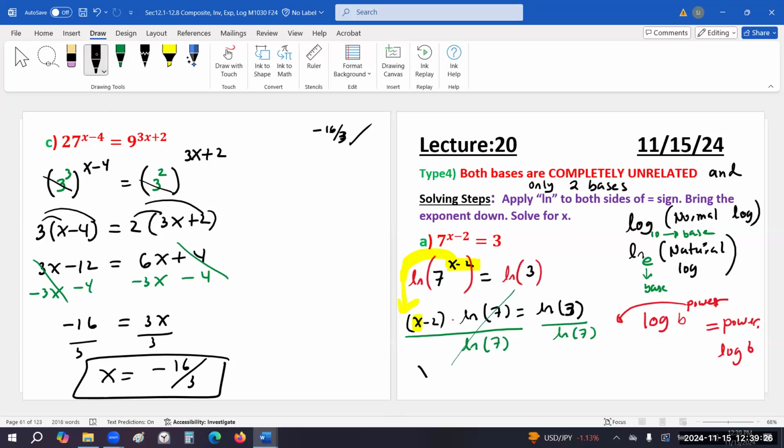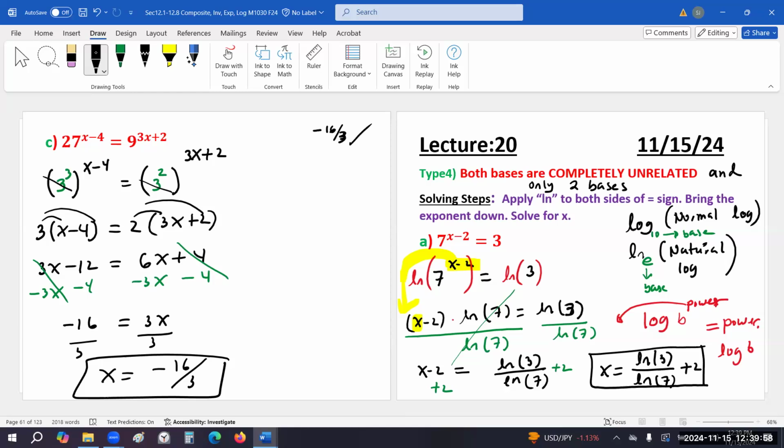We get x-2 alone, equal to ln 3 over ln 7. What is our last step to get the x alone? We don't want this 2, so we add the 2. That tells us our final answer is ln 3 divided by ln 7, plus 2.